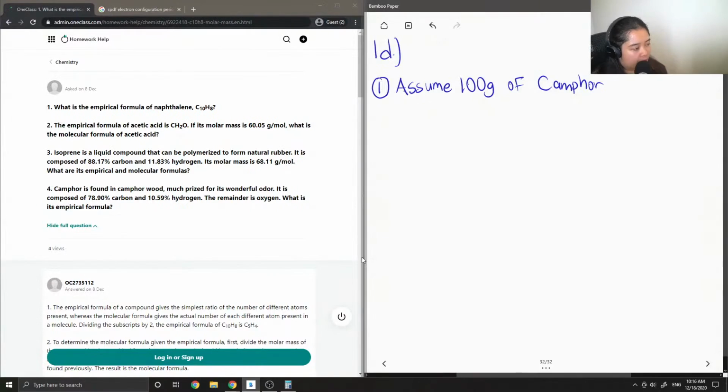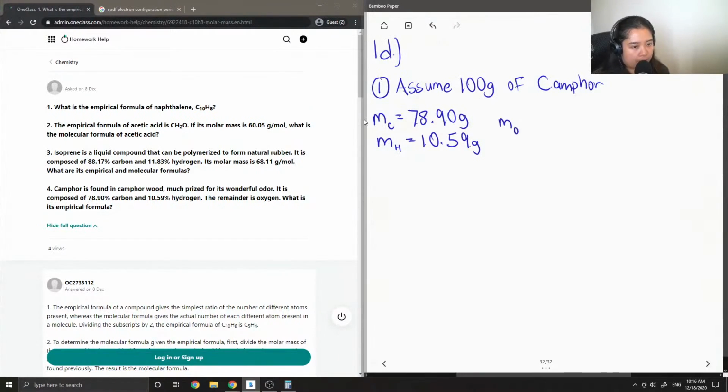If 78.9% of camphor is carbon, then the mass of carbon in 100 grams is 78.90 grams. And the mass of hydrogen is 10.59 grams.